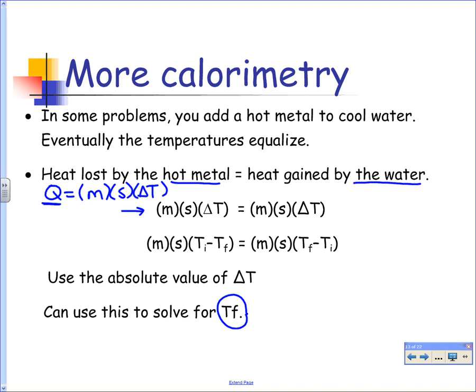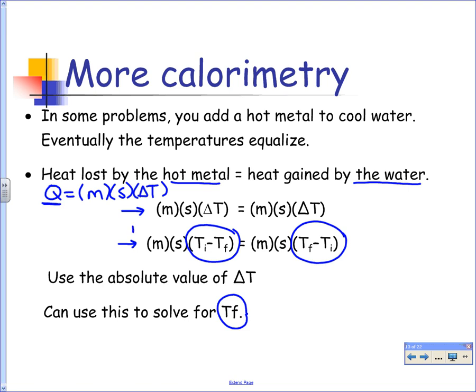In our search to be able to solve for T final, there is a little bit of a change that we have to make as we come down to the next equation, and I want to make sure you highlight and see the difference here, and it's in the change in temperatures.